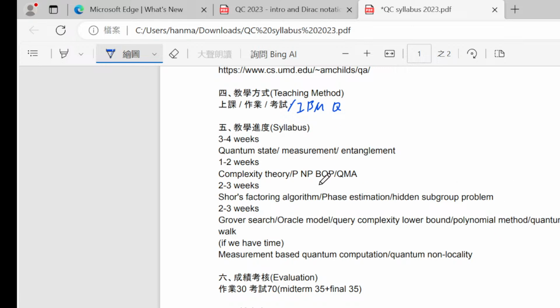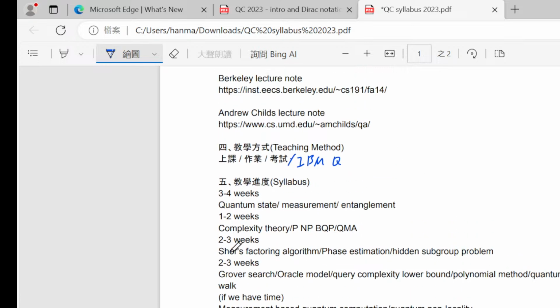And so those are the big things. Then the second half of the course will teach you the two famous algorithms: Shor's factoring algorithm and Grover's search algorithm. We probably don't have extra time because we are changing from 18 weeks to 16 weeks. But if I have extra time, there are interesting things we can talk about.